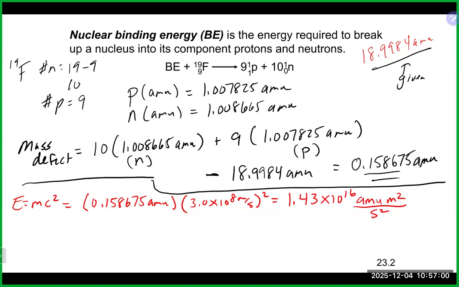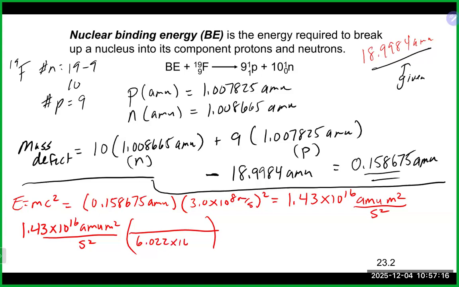And we can convert that into joules by taking a number that looks familiar, maybe 6.022 times 10 to the 26. Not 23, because 26 gives me kilograms and 23 gives me grams.